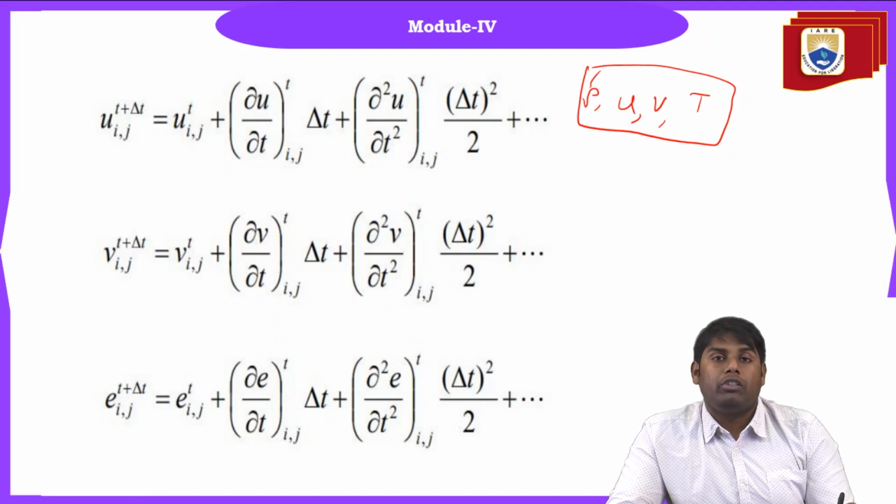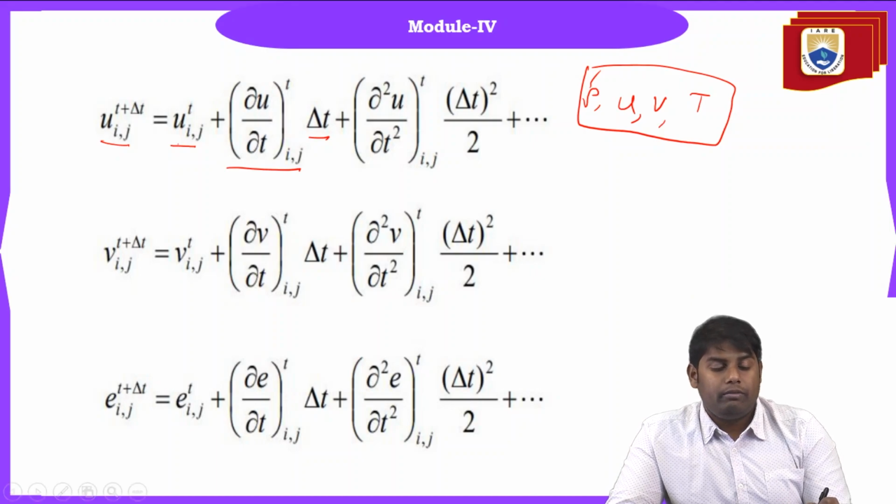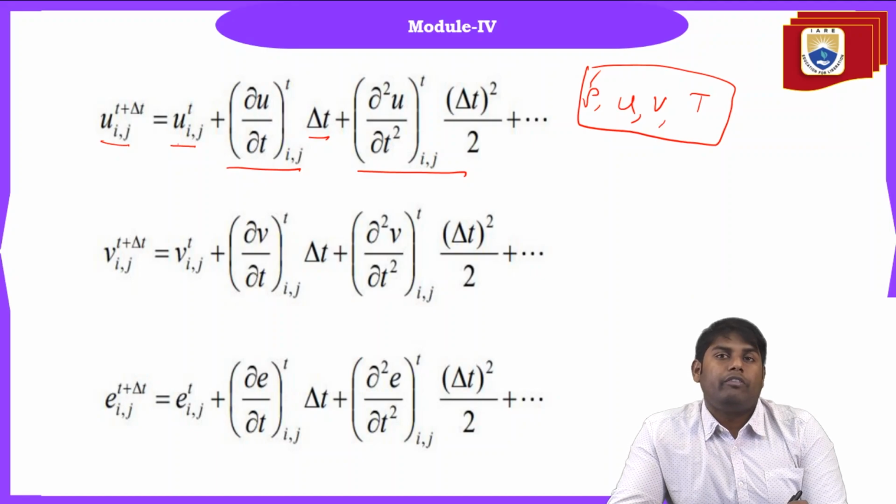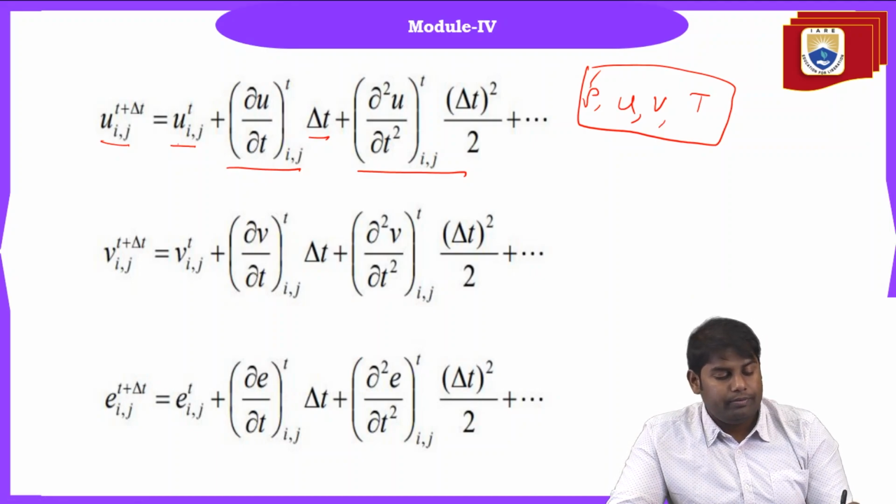Now the same concept is applied for u velocity. Okay. So where you can see that you have u of i, j, t. This is the initial value. ∂u/∂t into delta t. This is the first derivative term, second derivative term, okay, remaining third derivative term. So if you want to go for higher order terms, then we will use that.